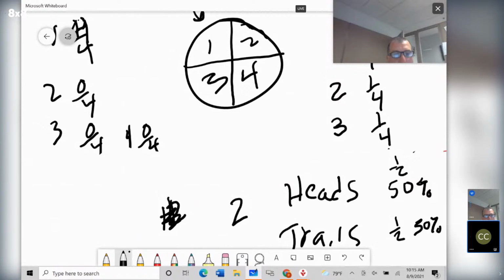And there's 4 different suits: hearts, diamonds, spades, and clubs. So there's only 1 two of spades in every deck. That's why that's 1 over 52. Hearts, there's 13 hearts, so 13 over 52. A 7 or a jack: there's 1 7 in every suit and 1 jack, so that would be 8. Okay, that's how we got that.